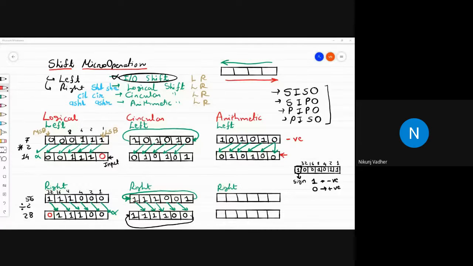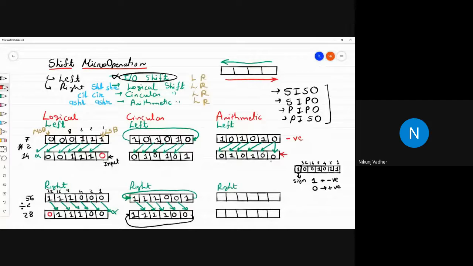Okay, now this became positive. Why? Because the most significant bit is 0. If it is 0, that means it is positive. So this negative number converted to positive.